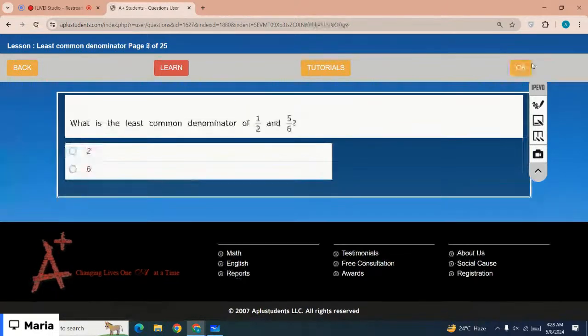What is the least common denominator of 1 by 2 and 5 by 6? Which is the correct option? 6 it is. The correct option is 6.